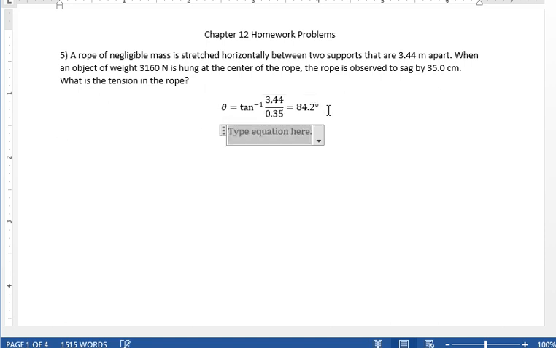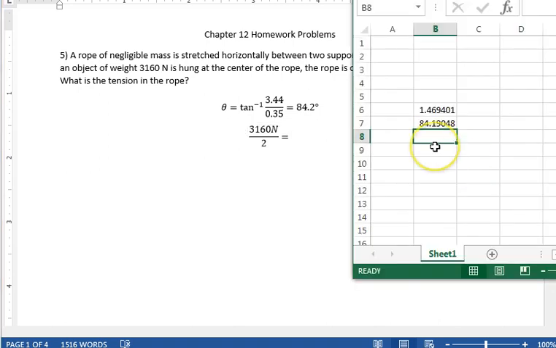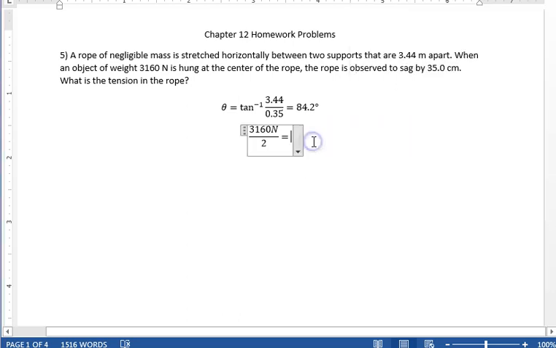Okay, and now 3160 newtons over 2, right, is the vertical component. 3160 over 2, so 1580 newtons.